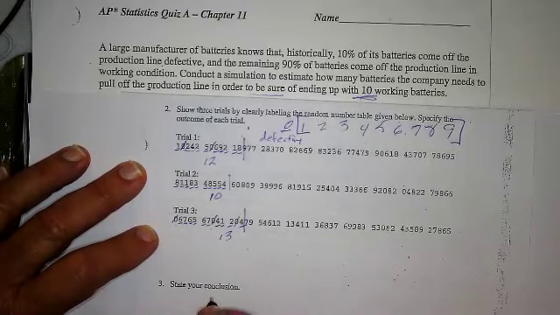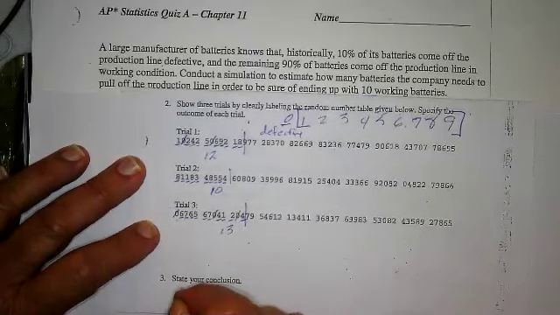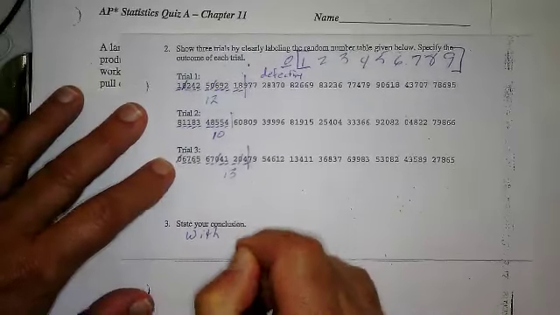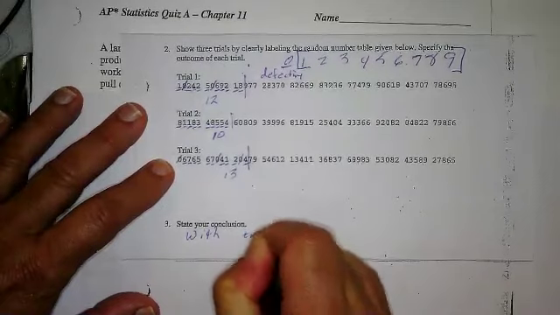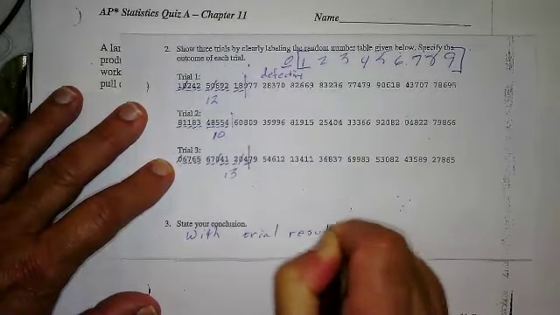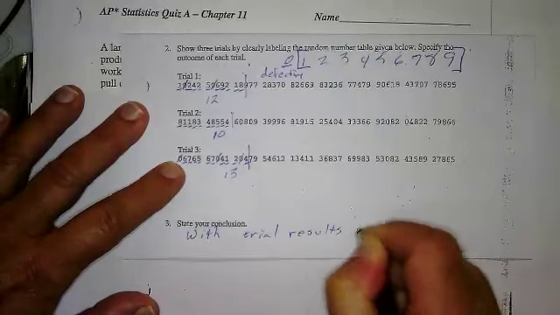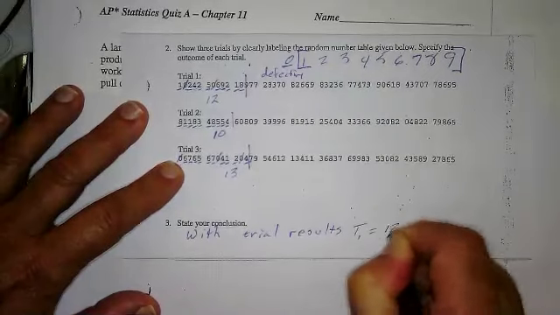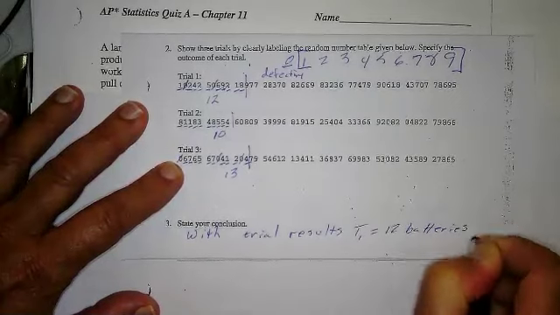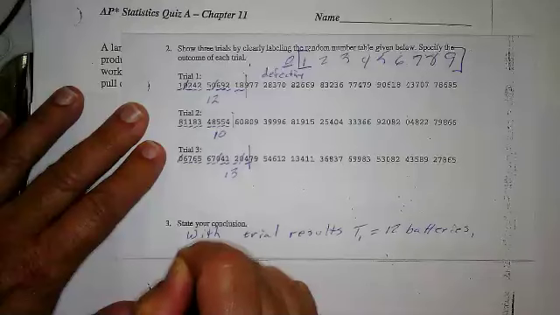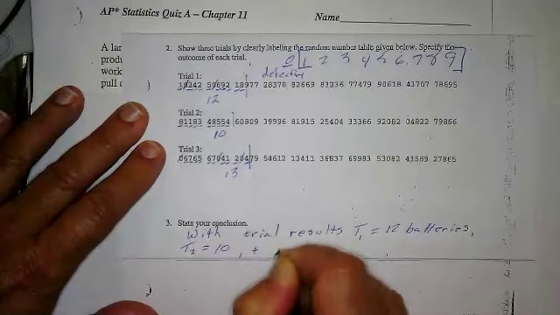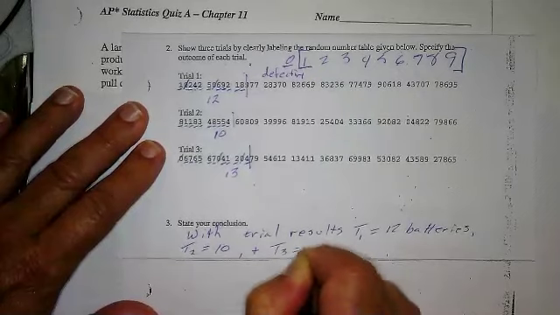So now we state our conclusion. With trial results, we always list our trial results. Trial 1 equals 12 batteries, trial 2 equals 10, and trial 3 equals 13.